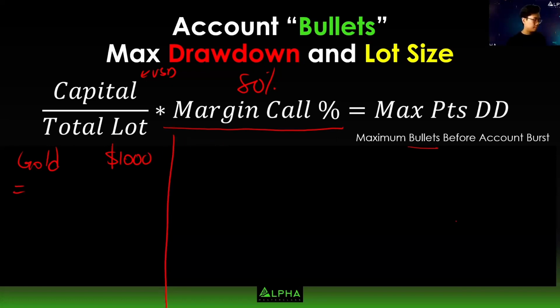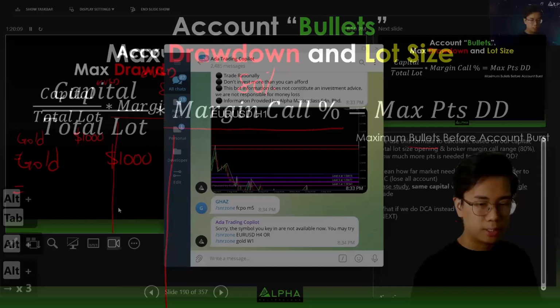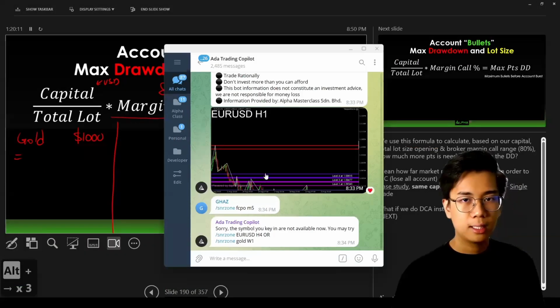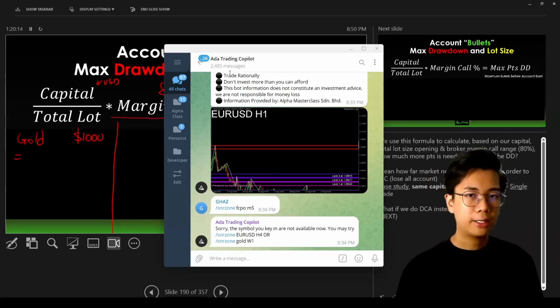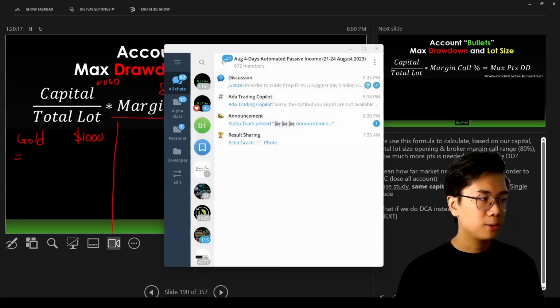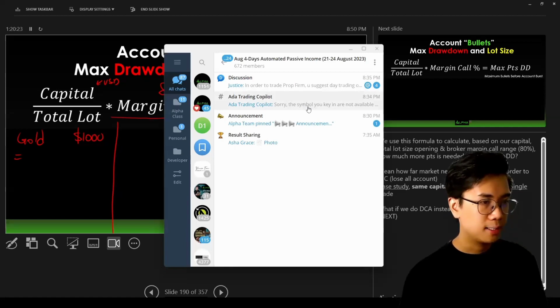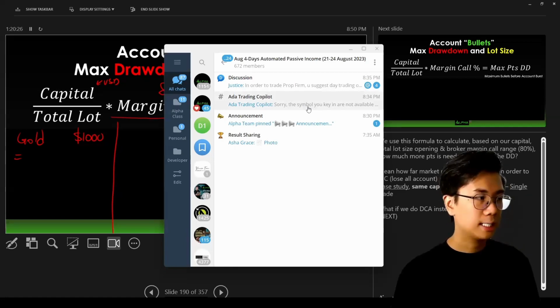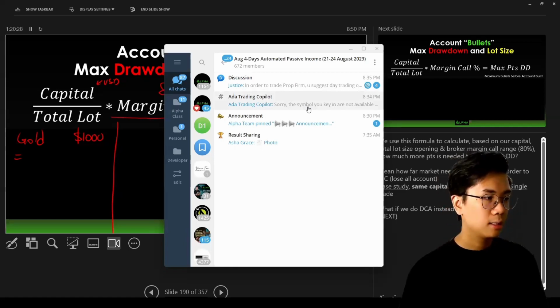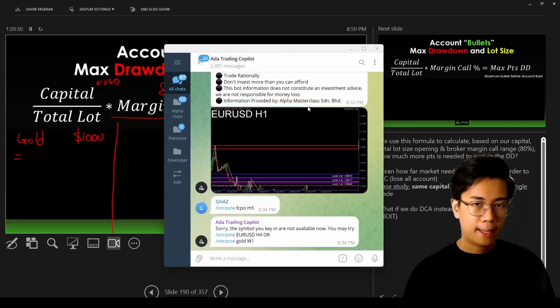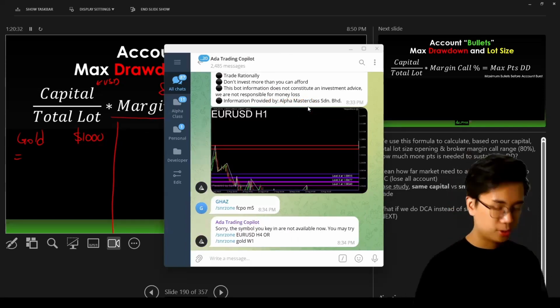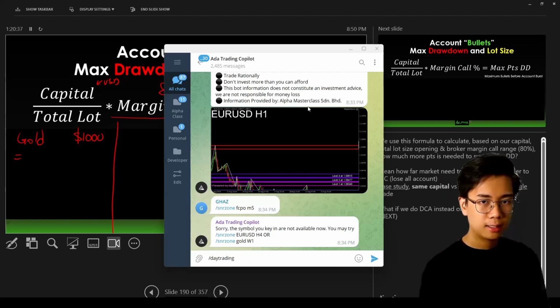To know the volatility of the gold market, you can go into the Telegram bot. In the Telegram bot, you will be able to find a group we call ADA Trading Copilot. This is the bot name. Click on this, and you can do this together with me. So you just type /day trading go.